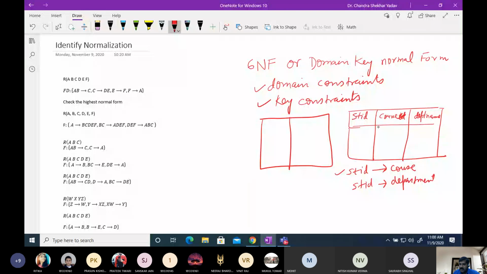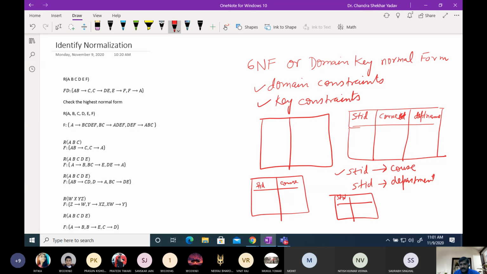If the combination of student ID, course and department were the candidate key, then only we could say that a multi-valued dependency exists. But here there exist functional dependencies, as student ID determines course and student ID determines department. So better we break this table into two smaller tables. First one is student ID and course.